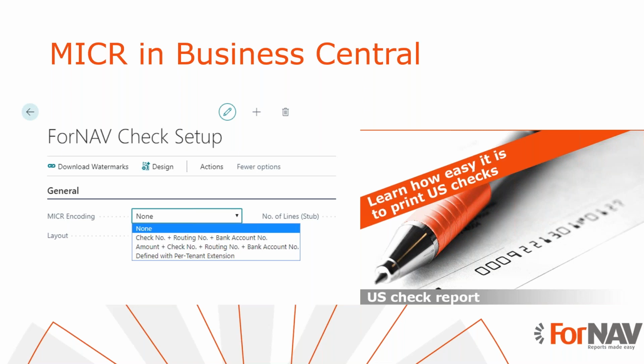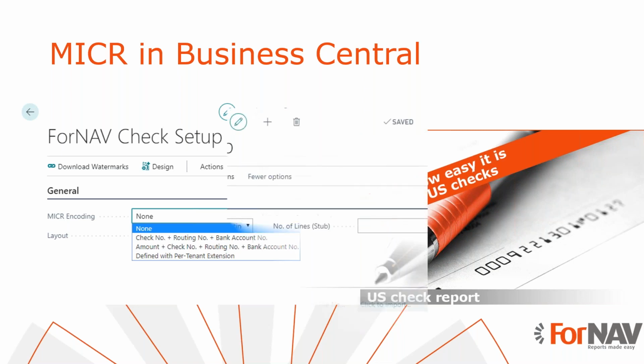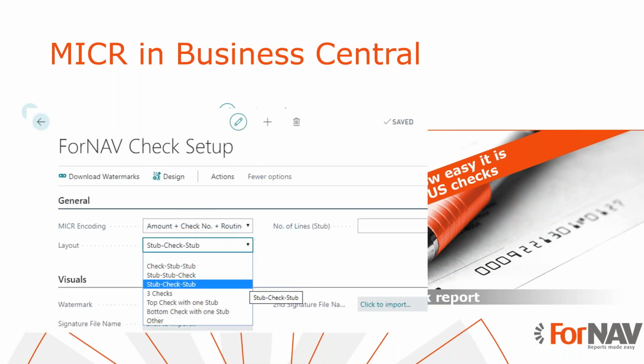We will automatically print the separator characters, A, B, C, or D, for those of you who are really familiar with MICR. But if you think we are completely wrong, or you need a different encoding in your MICR, of course you can create a per tenant extension and subscribe to an event and override whatever we are doing if you think that's what you need. On top of that, we also support one layout for all check options.